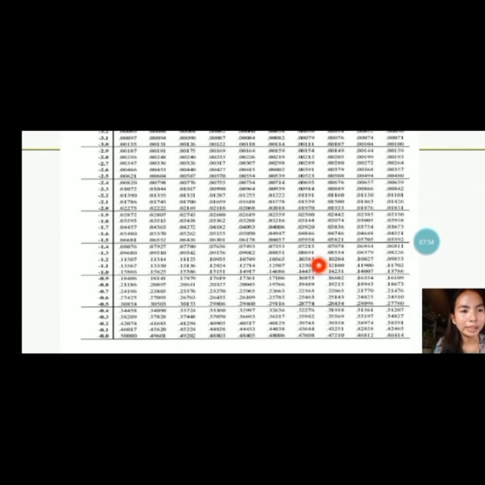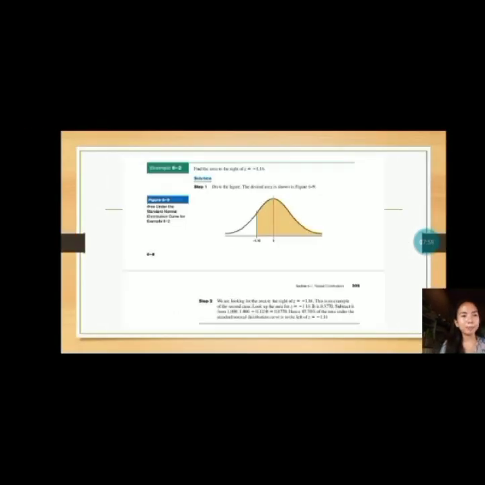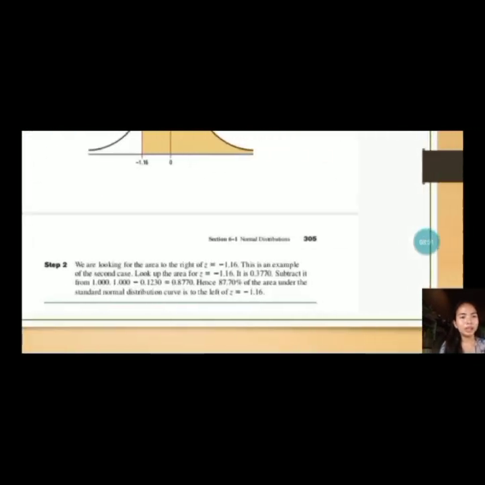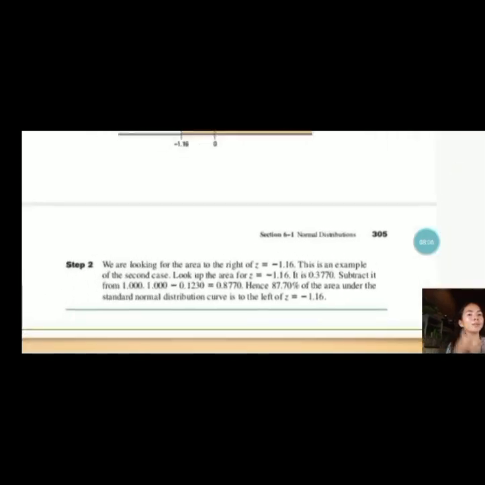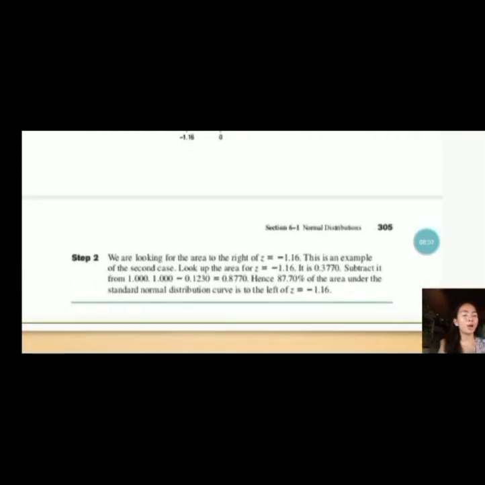Tama. Yun. Nakuha ang 1230, ang equivalent sa 1.1 and 0.06.